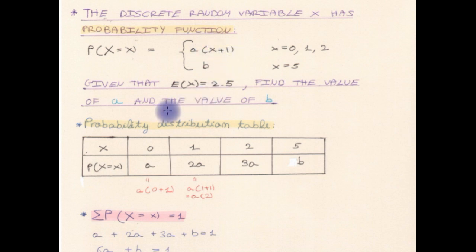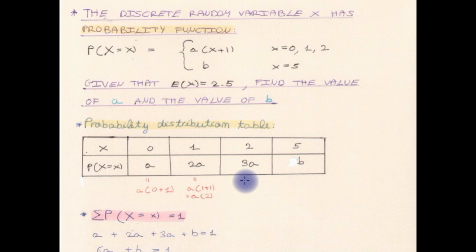When x equals 0, the probability that x equals 0 is a times (0 plus 1), that equals a. When x equals 1, the probability that x equals 1 is a times (1 plus 1), that equals 2a. And when x equals 2, the probability that x equals 2 is a times (2 plus 1), that equals 3a.